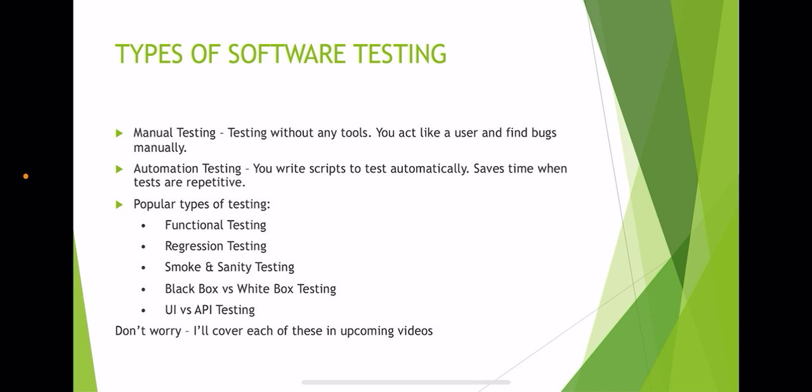Manual testing means going through the application, following the user stories, meaning the requirements from the end user, and testing the application as an end user. Consider yourself an end user and start testing the application. That is called manual testing.